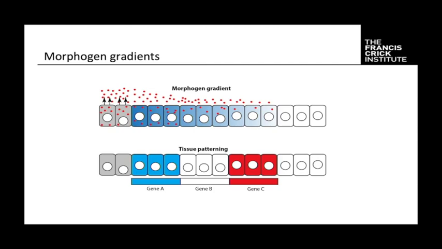We've heard several talks that have thought about this in terms of how gradients are formed and how that is controlled. But I want to take you from a different perspective. I want you to think of yourself as a cell sitting within that gradient. How do you see and respond to that concentration, that ligand, that signal outside of the cell?